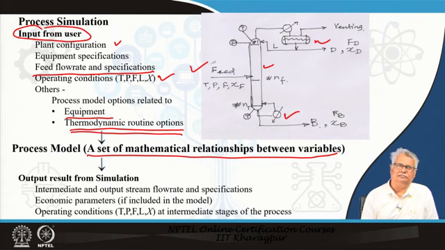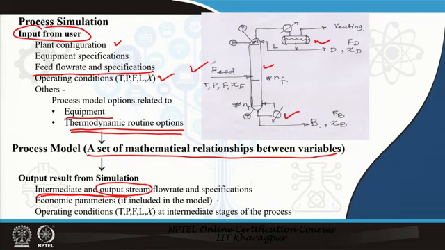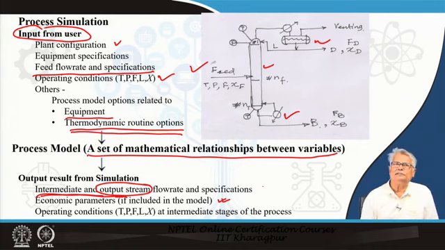It solves it. And what do we get from the output of simulation? We get the output streams, definitely the output streams, and also a few intermediate stream details, for example, tray to tray flow rate of the vapor and the liquid. We also may get something like the economic parameters if included in the model.